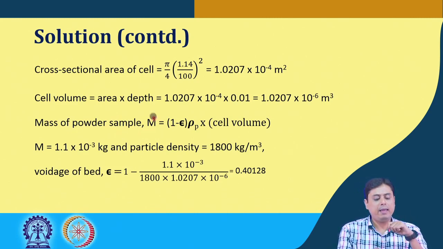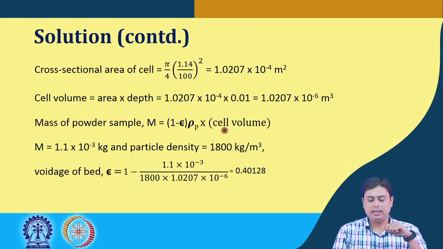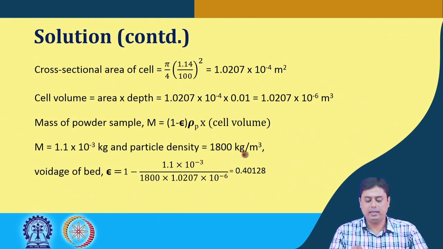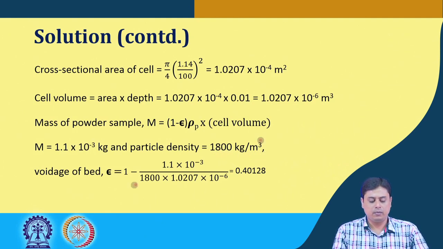So, now here m is known, cell volume is known, rho is given. So, you can easily find out what is the voidage of the bed. Clear? We just numerically replace all these parameters, where m is 1.1 into 10 to the power minus 3, density of the particle, the powdery material, is given as 1800 kg per meter cube.